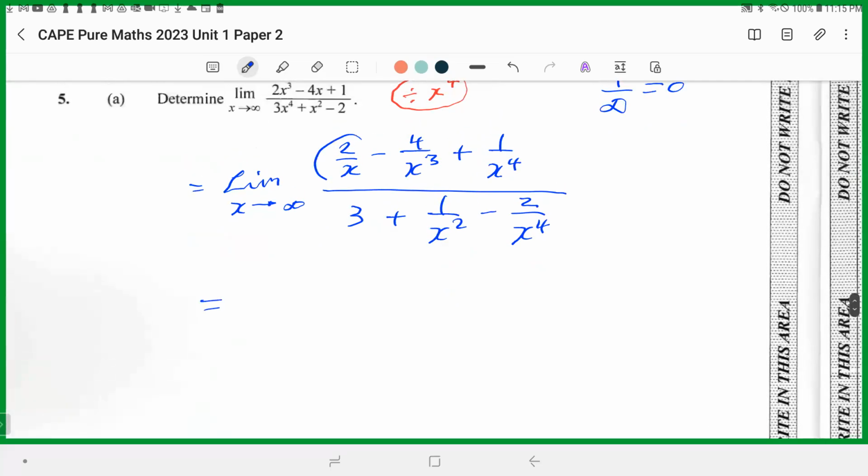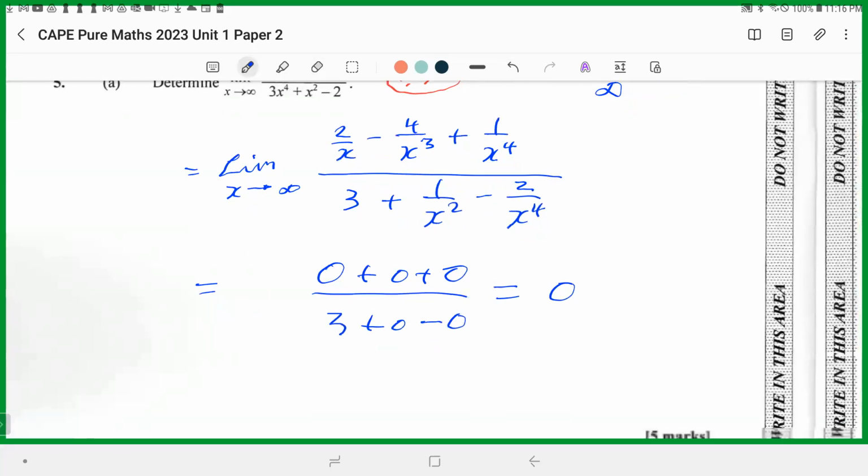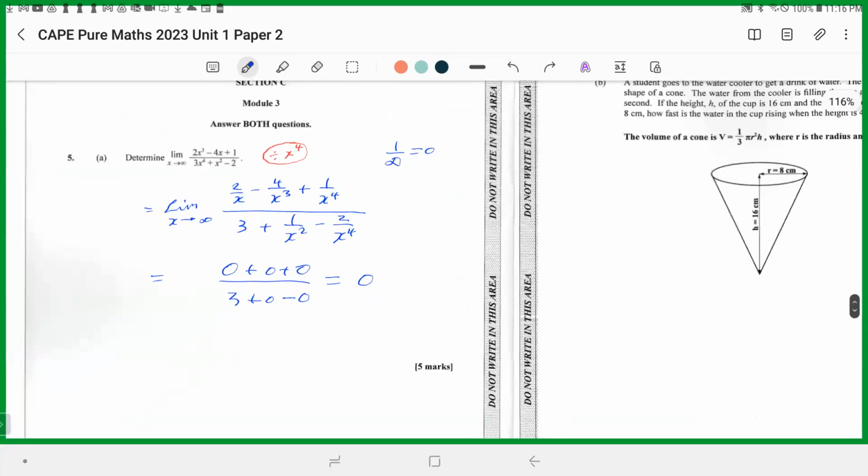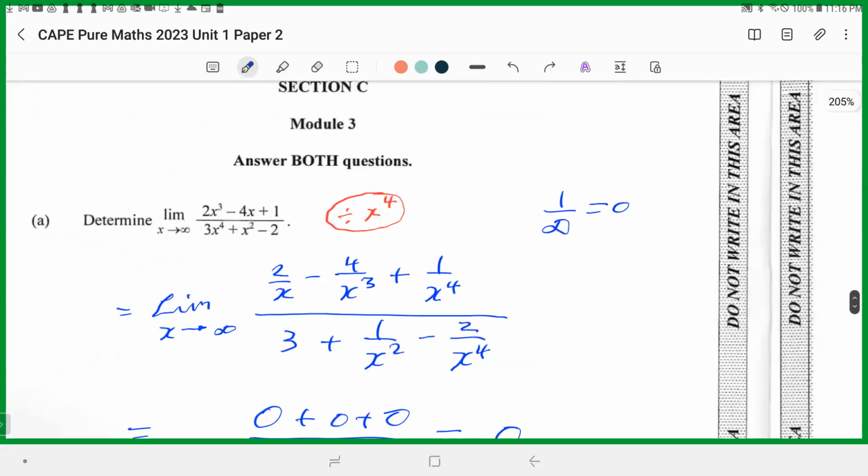Equals, this becomes 0, this becomes 0, this becomes 0. So when you apply the limit, you get 1 over infinity, 4 over infinity, you get 0. So the numerator is 0 plus 0 plus 0, over 3 plus 0 minus 0. The answer is just 0. 5 marks to that. The answer is 0 because the highest power was in the denominator.